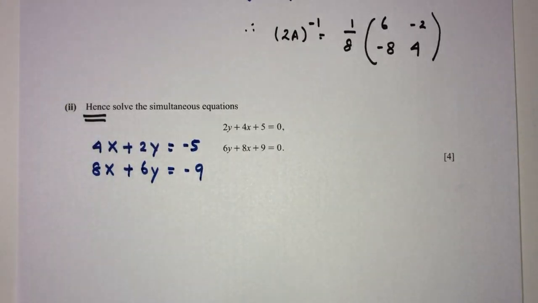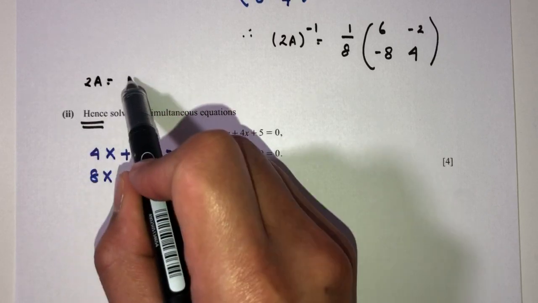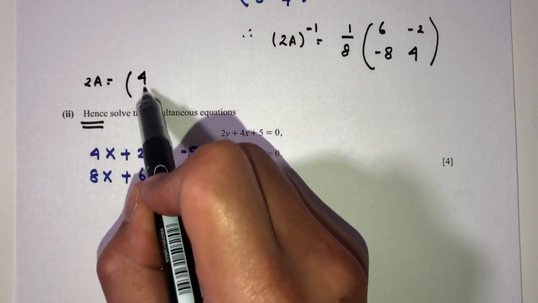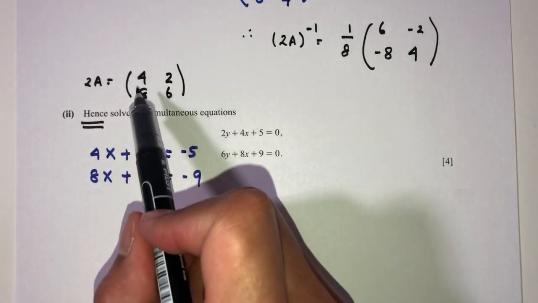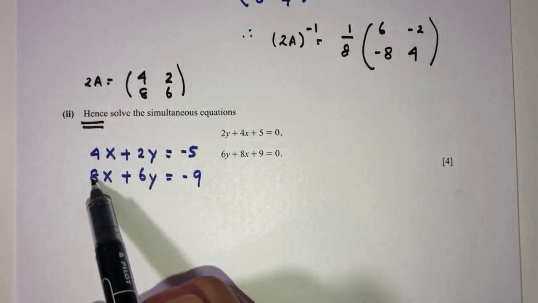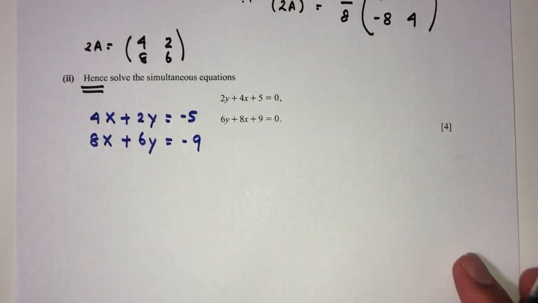But now if you observe, what is 2A? 2A was given to you by 4, 8, 2, 6. If you observe, it looks a lot like 4 is here, 8 is here, 2 is here, 6 is here. So we can write this down as a matrix.